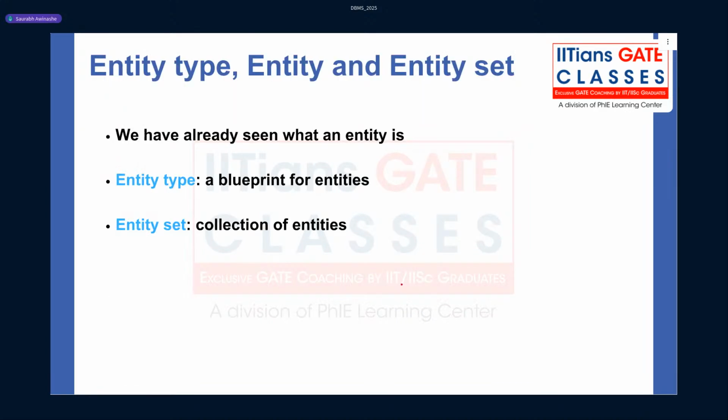The next thing we'll look at is entity type, entity, and entity set. Okay. We have seen what an entity is, right? So we'll define what an entity type is. An entity type is a blueprint for entities. We've heard of this word somewhere, right? Blueprint. Do you know where this term blueprint comes in?